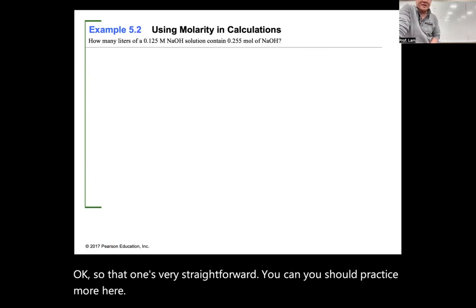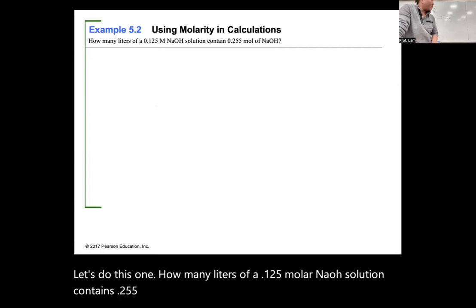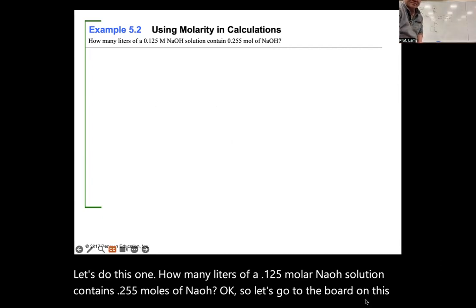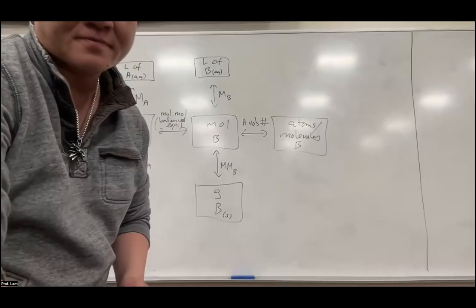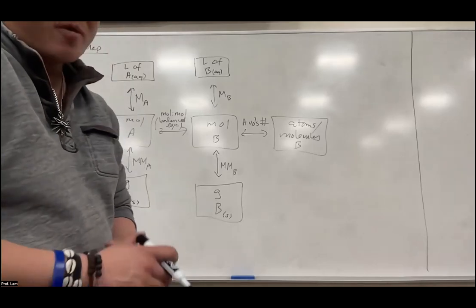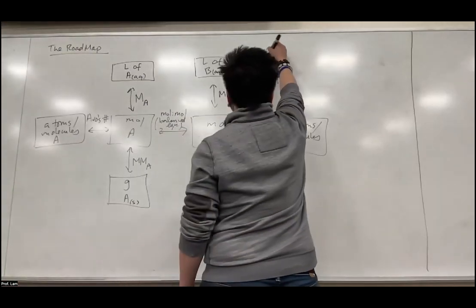Let's do this one. How many liters of a 0.125 molar NaOH solution contains 0.255 moles of NaOH? Okay, so let's go to the board on this one. So a 0.125 molar NaOH. Guys, remember what I said?